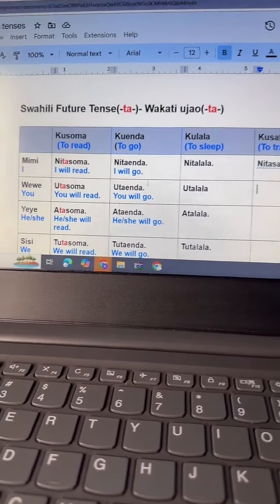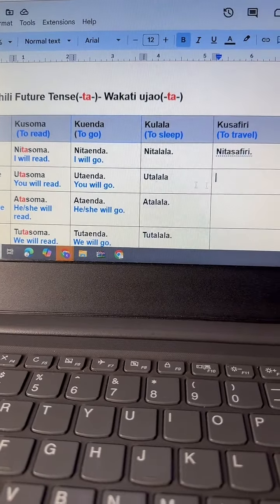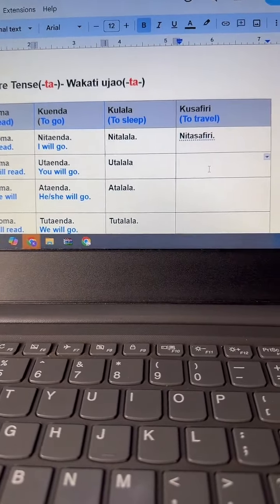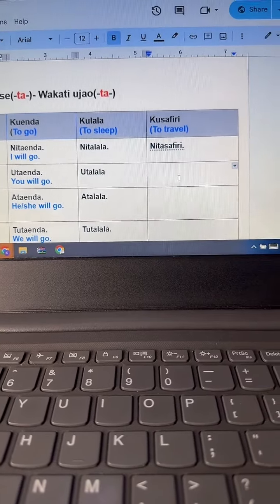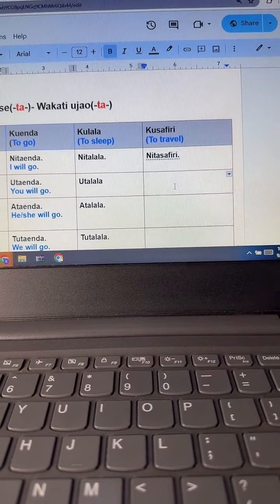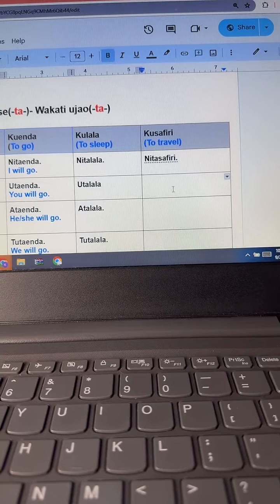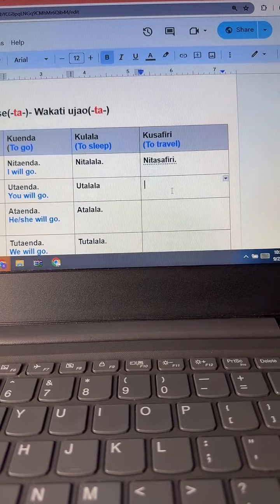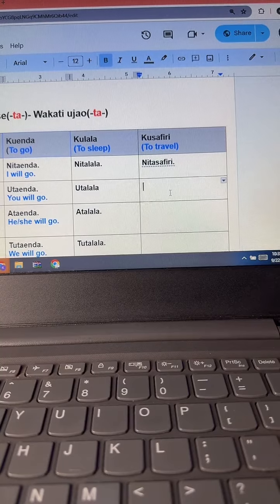Now we have wewe, you. You see here, this row. Wewe, you. How do we say you will travel? Utasafiri vizuri sana. Hapana, utasafiri. I think you mixed na and ta, the present continuous and the future tense.